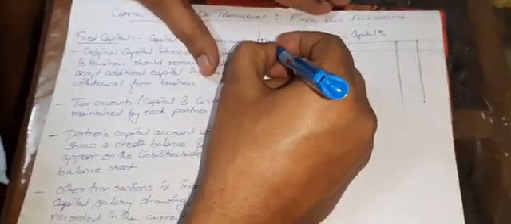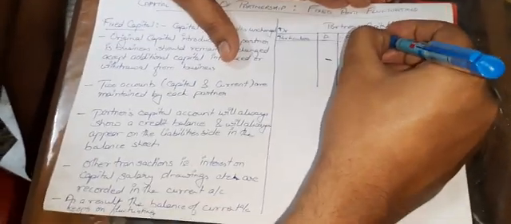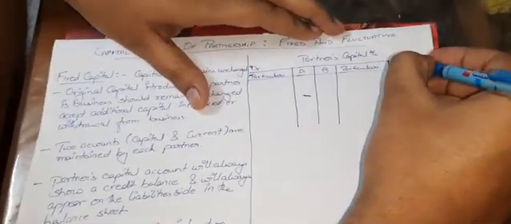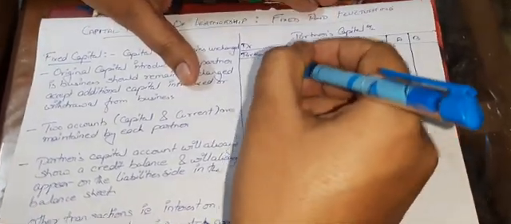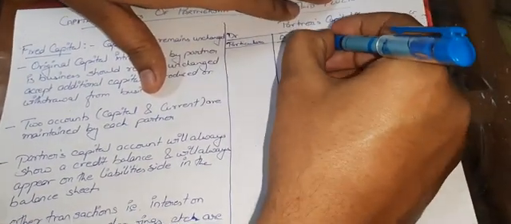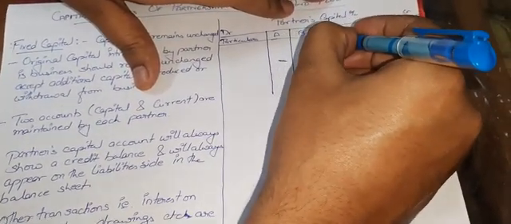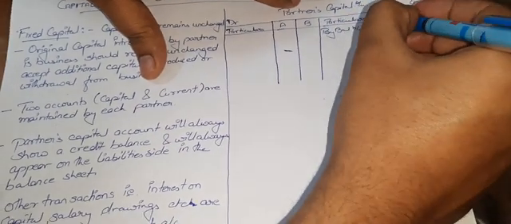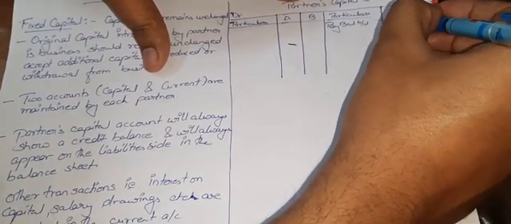So, particulars, A, B, particulars, A, B. The partner's balance is brought on the credit side, that is by balance brought down.